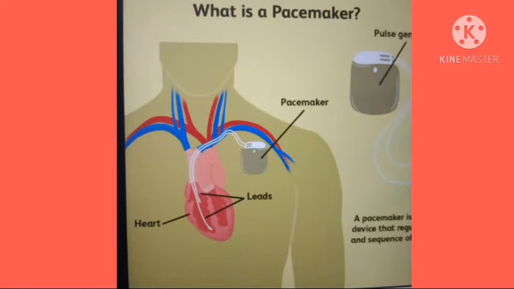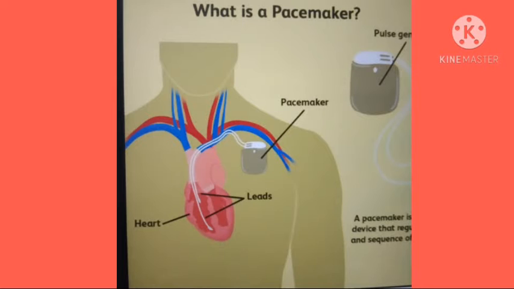Due to this continuous contraction and relaxation, there is an electrical impulse which originates in a node called the sinoatrial or SA node. This node is located in the right auricle, and it is responsible for setting the rhythm for contraction and relaxation of the heart. Simply we call it the heartbeat.